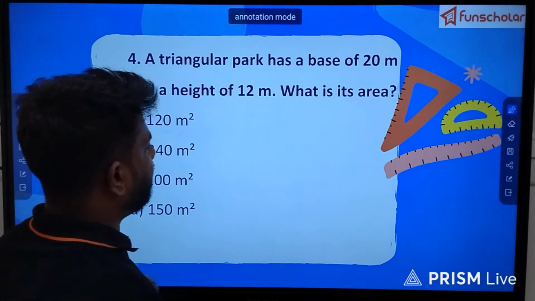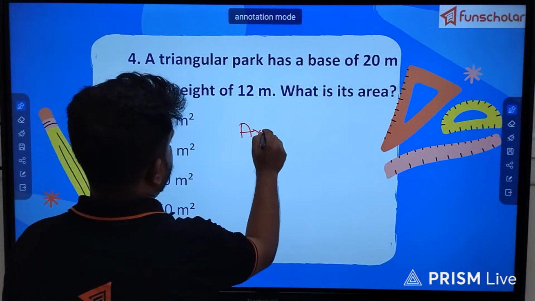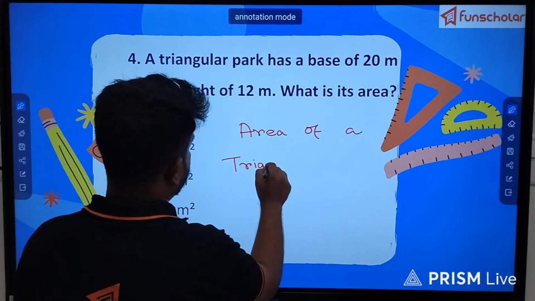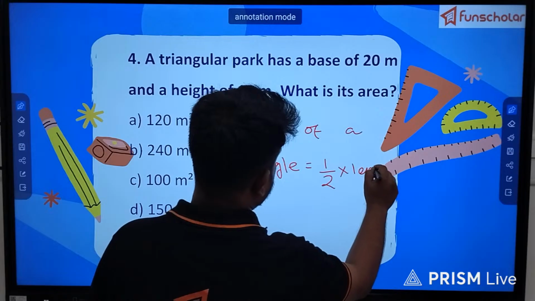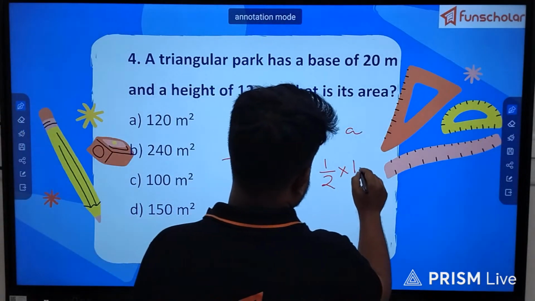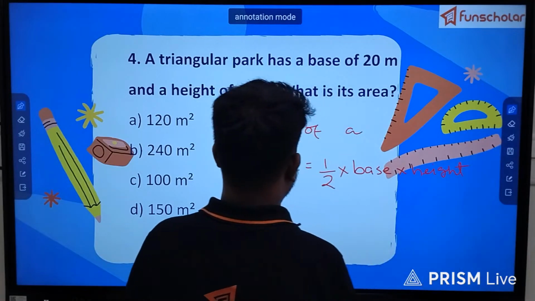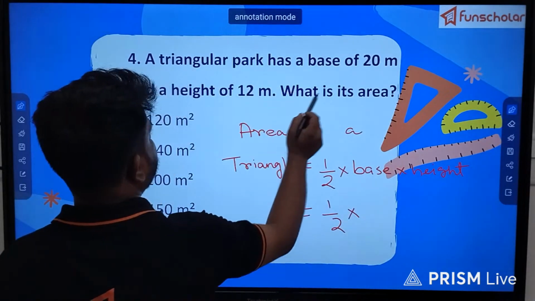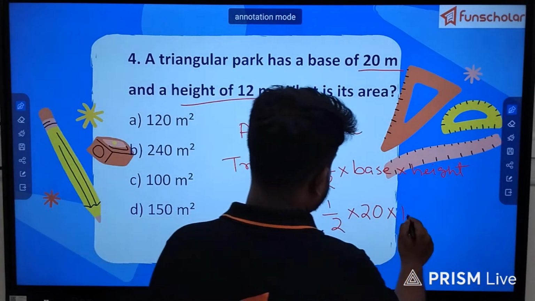So to find the area, we have to learn a formula, that is the area of a triangle will be half into base into height. So here base is given as 20 meter and height is given as 12 meter.